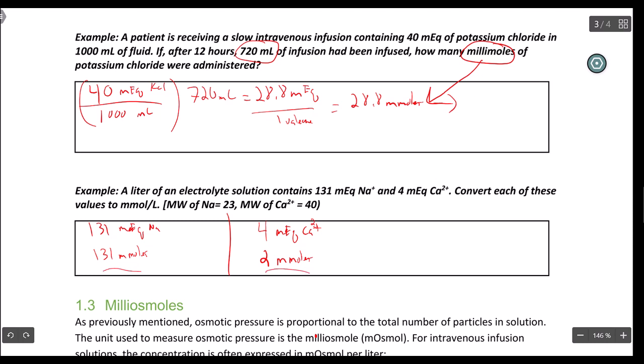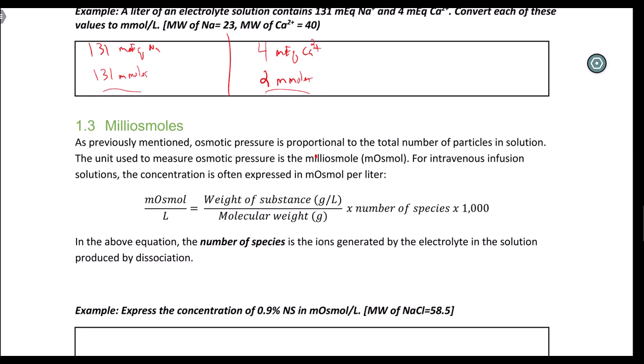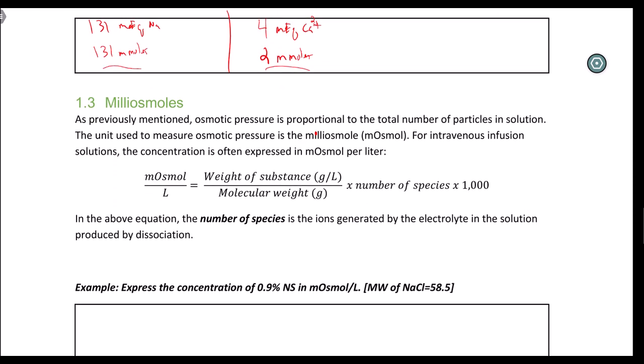All right, apologize. Now we'll finally talk about milliosmoles, which is what I was trying to say earlier. So milliosmoles is based upon the number of particles, the number of species that are in solution, which is what we have for osmotic pressure. Remember we talked all about that osmotic pressure, number of particles in solution. That's what the milliosmoles is being used for.